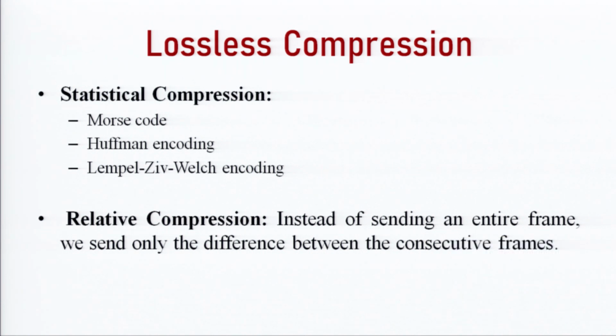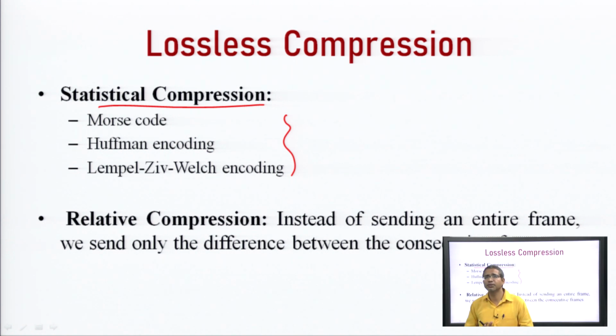What are the other lossless or statistical compression methods? There are basically three you can discuss: Morse code, Huffman encoding, and Lempel-Ziv-Welch encoding. In statistical compression, symbols which occur frequently get a short code, and symbols which occur very infrequently get a long code.